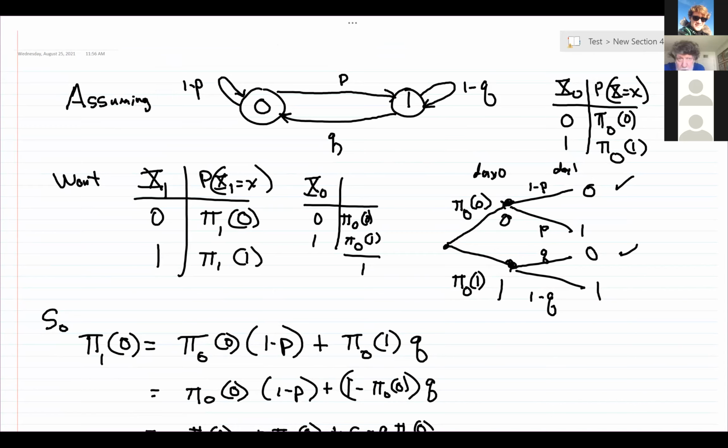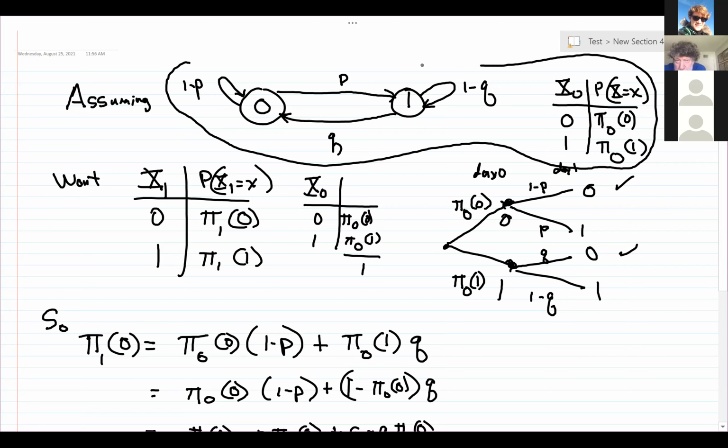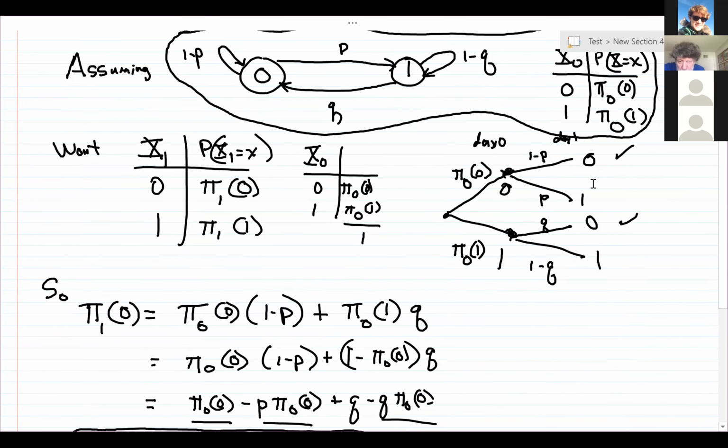So we get to assume this picture and this table are all known. So everything now is in terms of P's and Q's and the initial distribution here, which is this. And so everything is this.